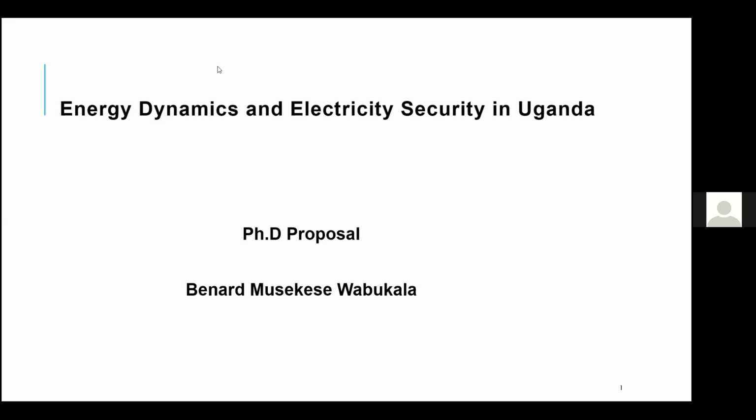We need to be clear when we talk about electricity security, because we have several components: grid electricity, solar electricity, and generators. Throughout the presentation, he has been looking as if at grid electricity. I don't know what he's looking at.